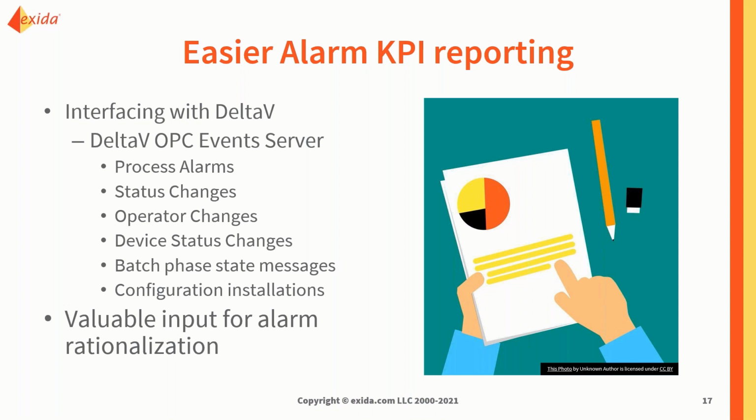For example, the Delta V system has the Delta V OPC event server, where they gather information about process alarms, status changes, operator changes, all these configurations or installations, all the information that's happening within the Delta V system.